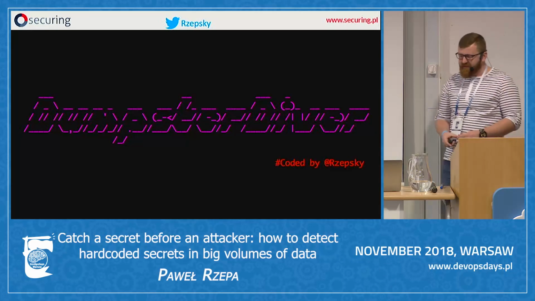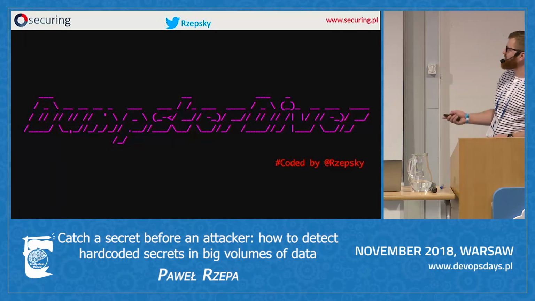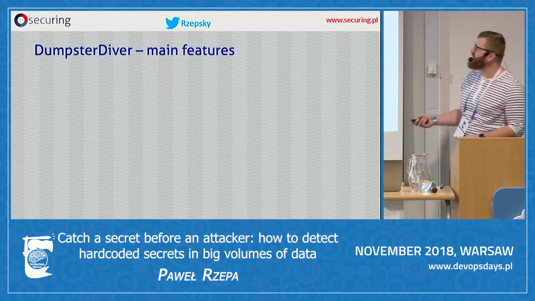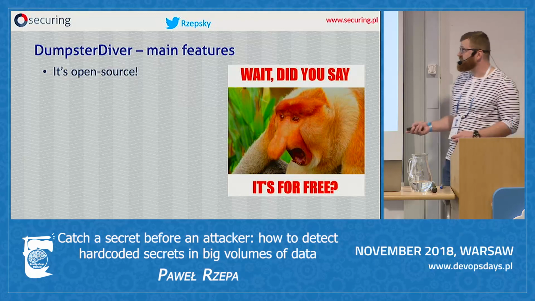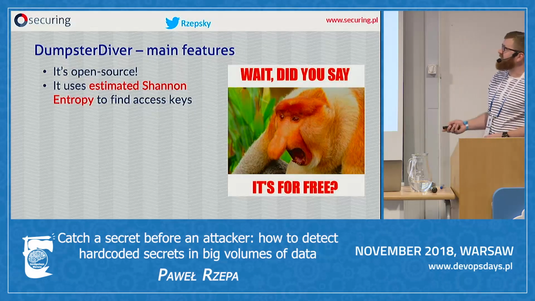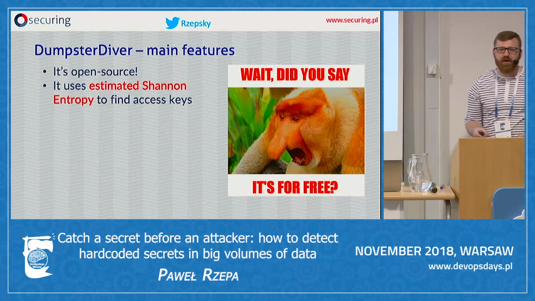So I've created a tool called DumpsterDiver, and it's open source. It uses estimated Shannon entropy to find private keys.